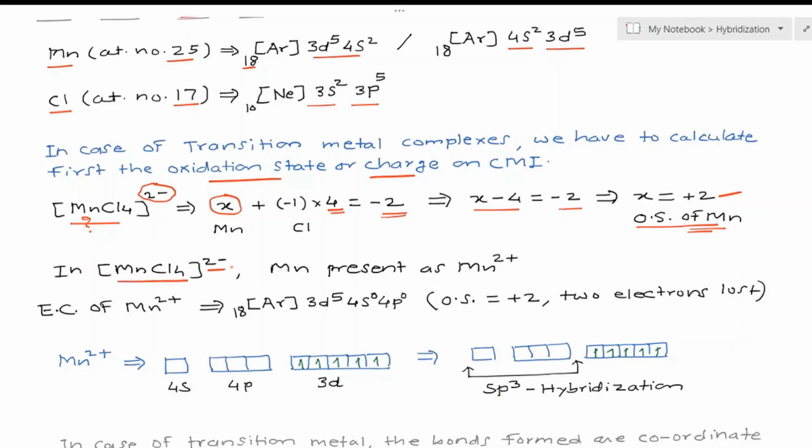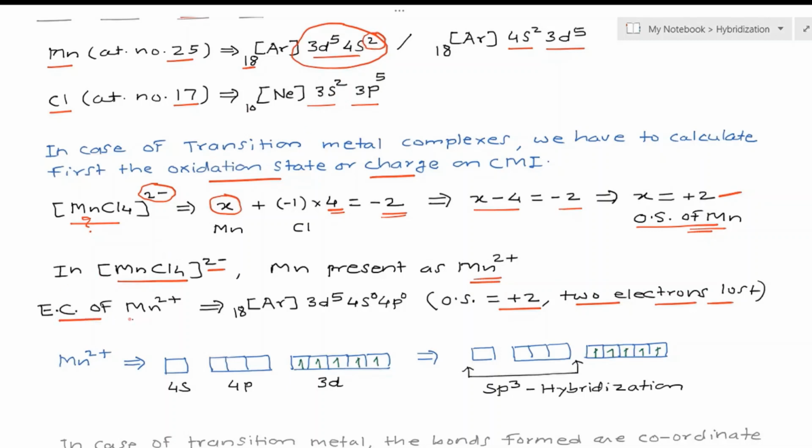So in MnCl4 2-, Mn is present as Mn2+. That means Mn has +2 charge, so 2 electrons are lost. If Mn has the configuration 3d5 4s2, then in Mn2+ these 2 electrons will be lost.